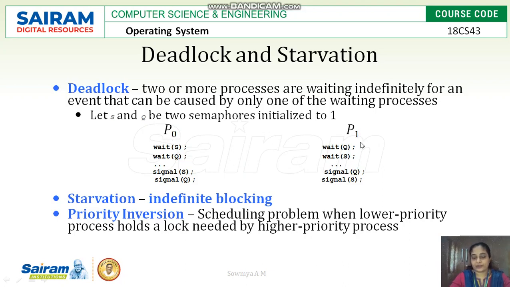Without releasing Q, P1 cannot execute. They are in a situation where one is dependent on another and the other is dependent back on the first. This condition we call deadlock.